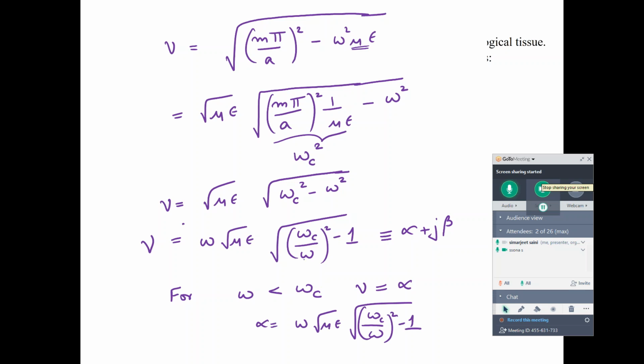When ω is less than ωc, this term is greater than 1, and thus this root is the root of a positive number and thus can only have a real value. So the wave, which is e^(-γz), is only e^(-αz). There is no propagating term.